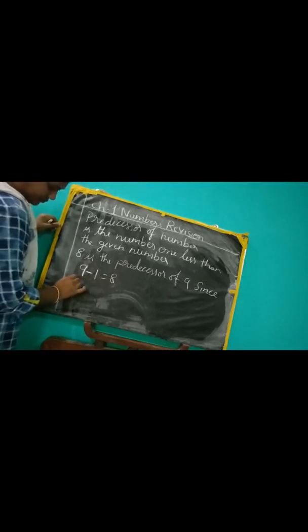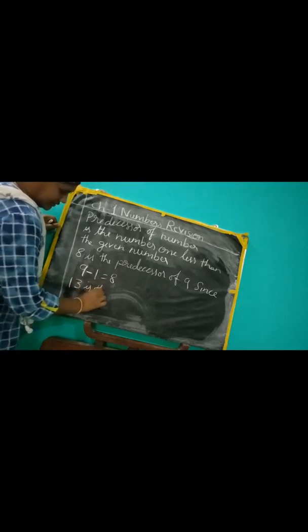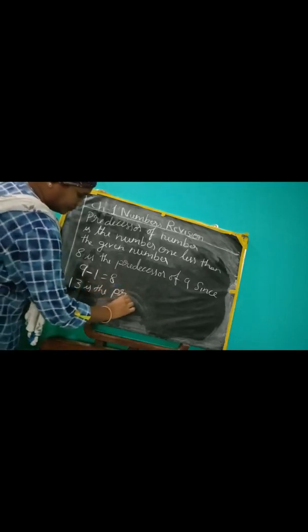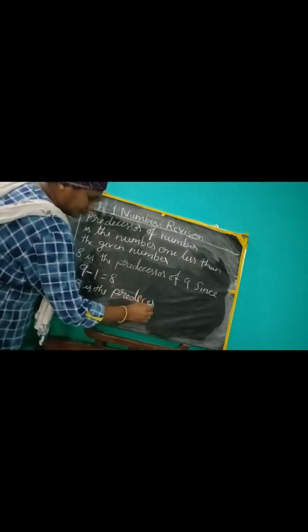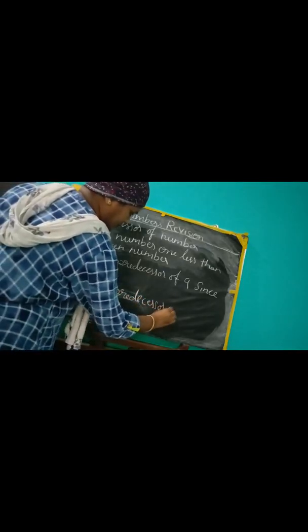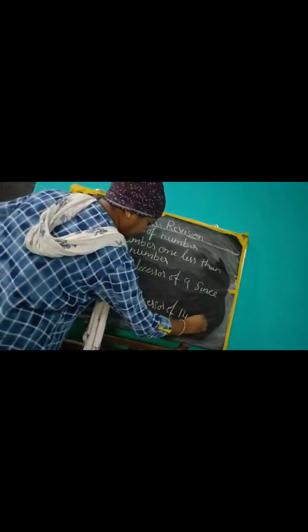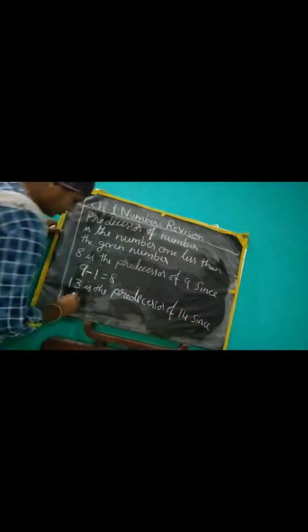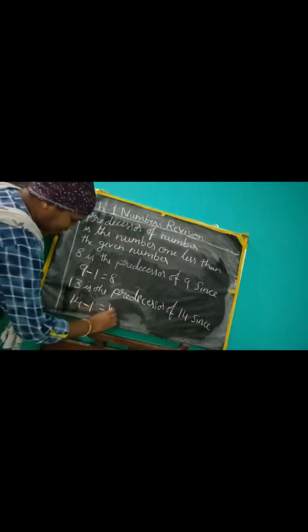See, 13 is the predecessor of 14, since 14 minus 1 equals 13. Understood, children? What we did here?